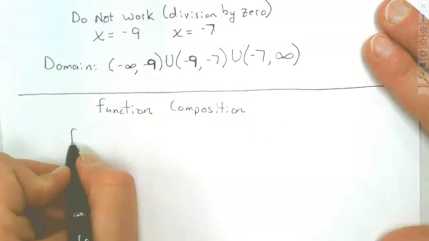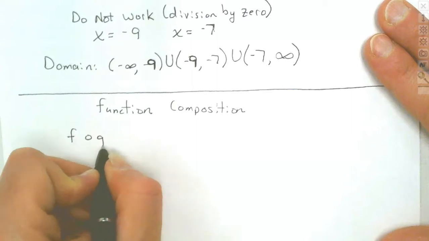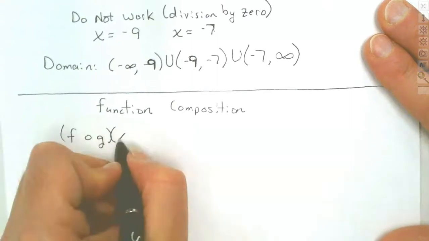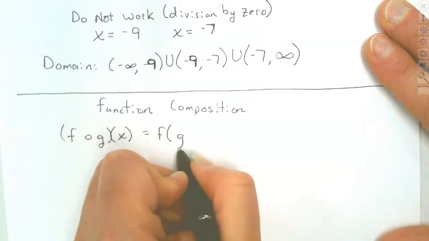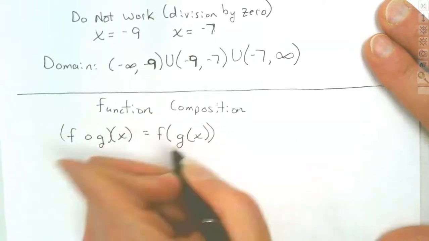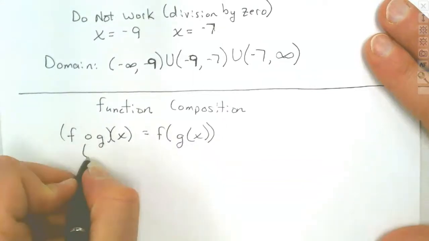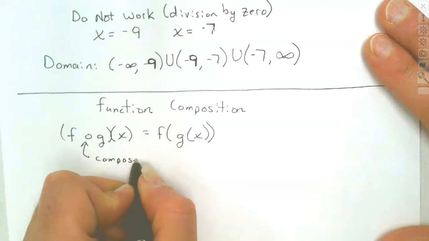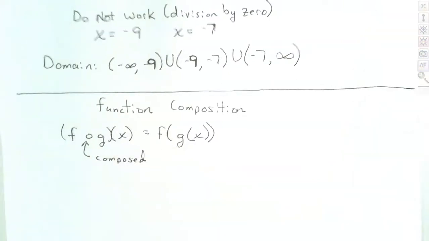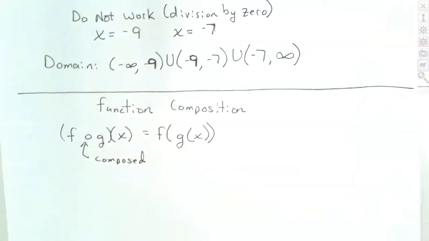And that is f composed with g of x, and that is f of g of x. And that open circle, that said composed. So that means composed. And what we're doing is we're plugging one function inside of another function. So they're merging them together.